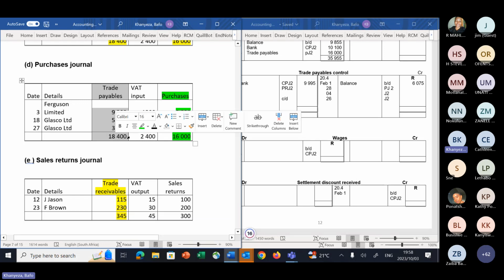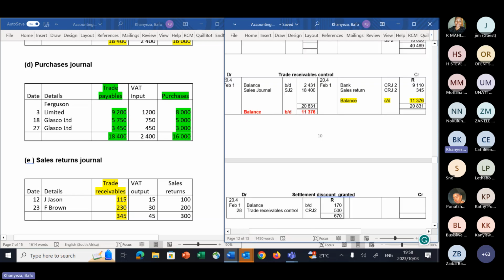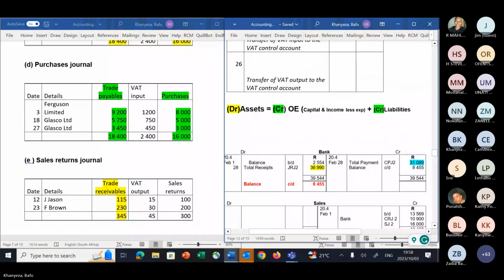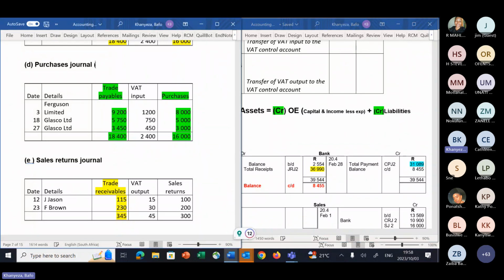And here it is. So are trade payables a debit or a credit? Let me go back to the accounting equation. Liabilities are a credit. So this is a spreadsheet of credit purchases. The purchases journal is a spreadsheet of credit purchases.